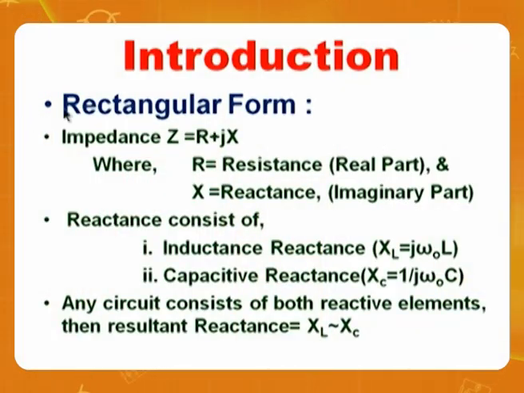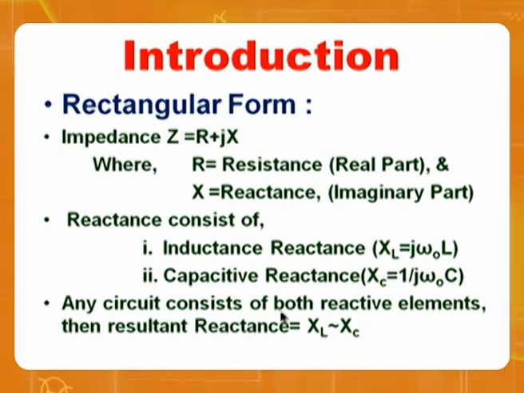Now let's see the introduction. In introduction, the first thing is rectangular form. For example, if there is an impedance called R plus JX, R is a real part, X is a reactance part, and if the reactance is due to inductor j omega L, due to capacitive 1 by j omega C. So this is reactance of inductor and capacitor.